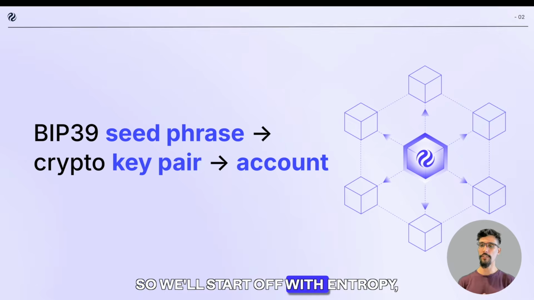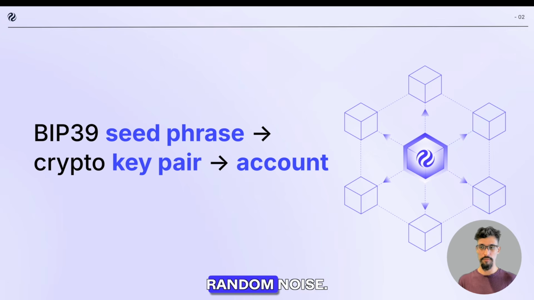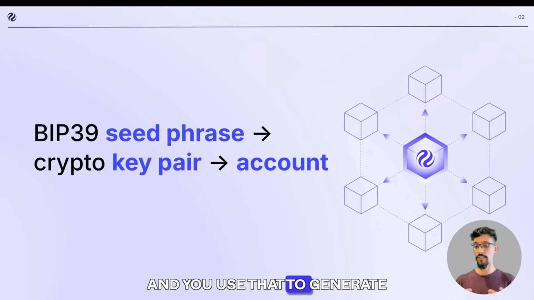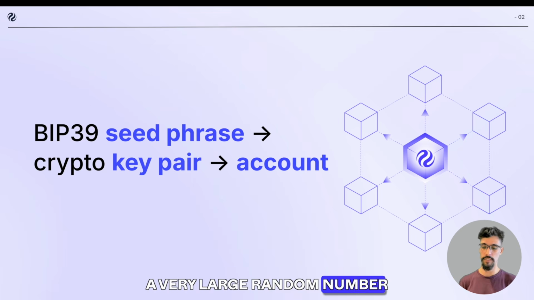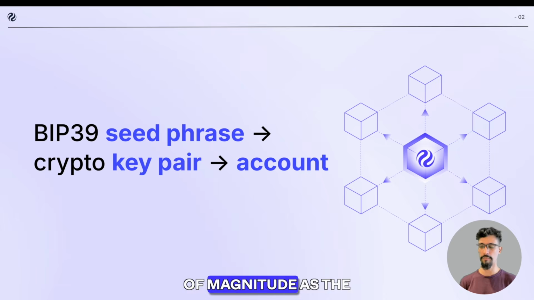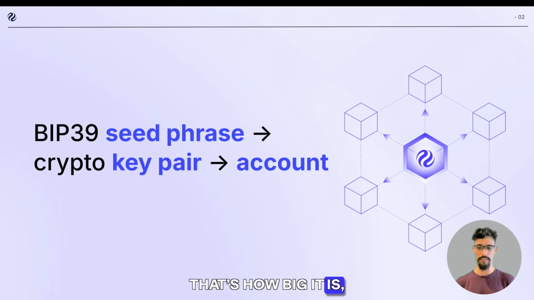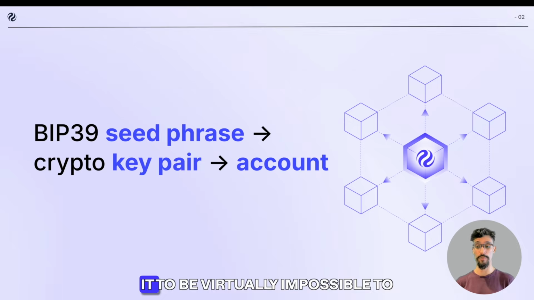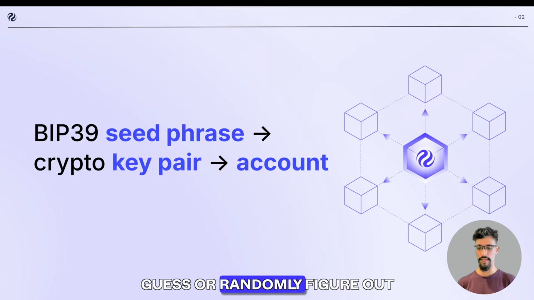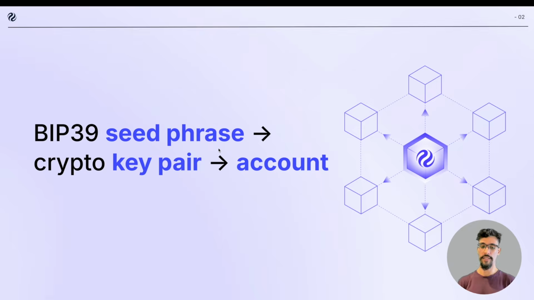So we'll start off with entropy, which is basically random noise. You use that to generate a very large random number, right, on the order of magnitude of the number of atoms in the universe. That's how big it is. And the intent is for it to be virtually impossible to guess or randomly figure out what it is. Then we go to the seed phrase, right?